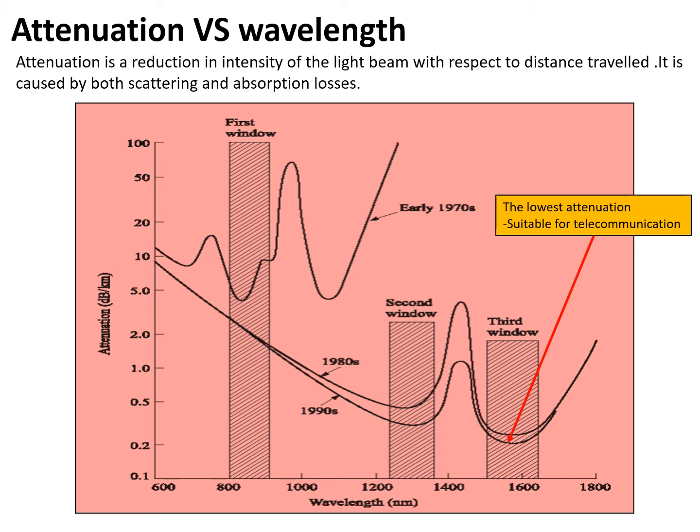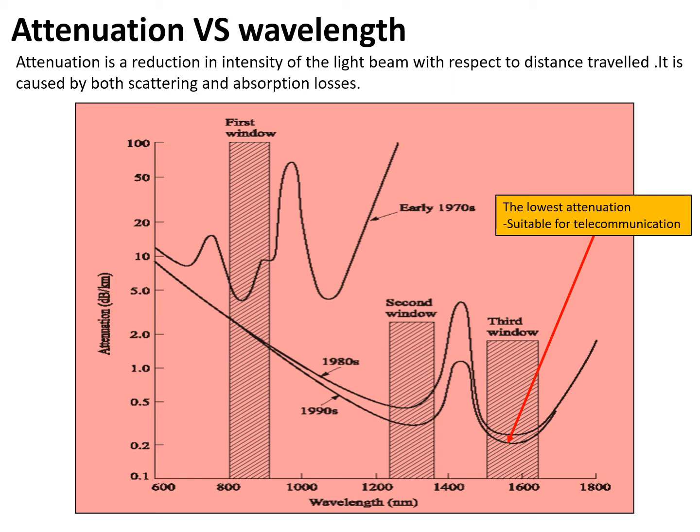This figure shows the relationship between attenuation and wavelength. By definition, attenuation is a reduction in intensity of the light beam with respect to distance travelled. Attenuation is mainly due to the scattering and absorption losses.